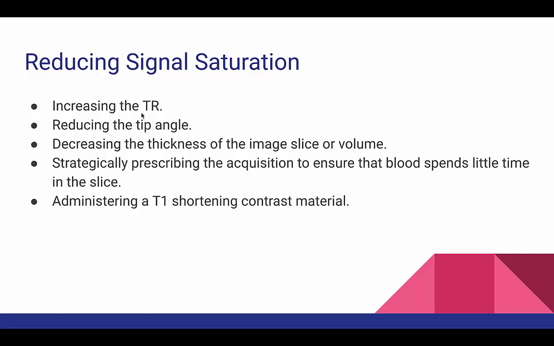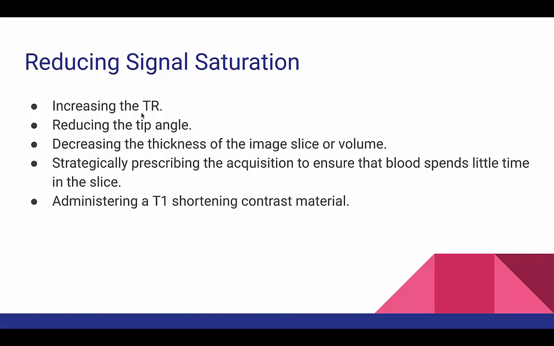As another strategy, decreasing the thickness of the image slice or volume. If you decrease the thickness, you're going to be having many more layers to go through, but it might help. Strategically prescribing the acquisition to ensure the blood spends little time in the slice. This is also nice because blood is the thing that's causing the problem, sort of.